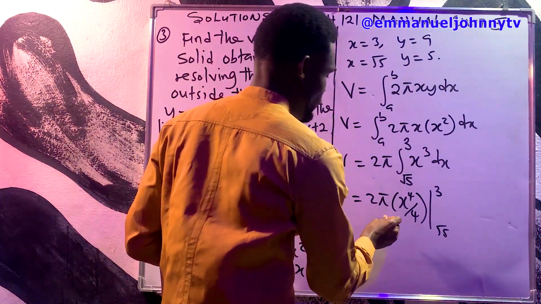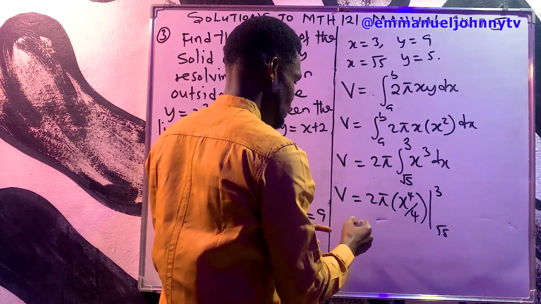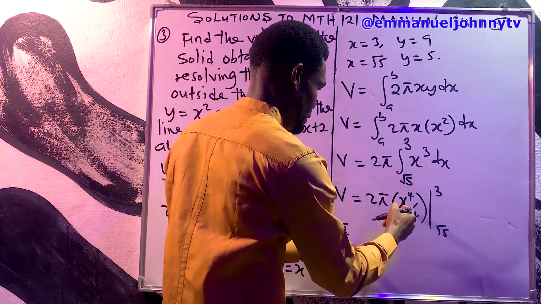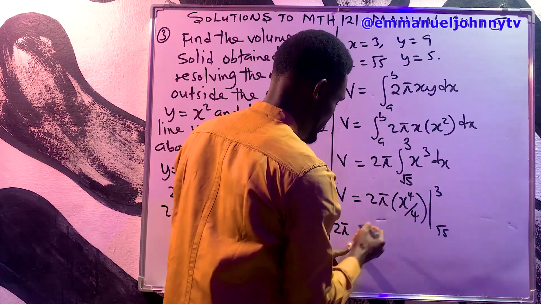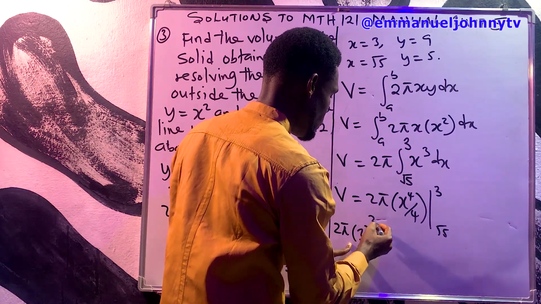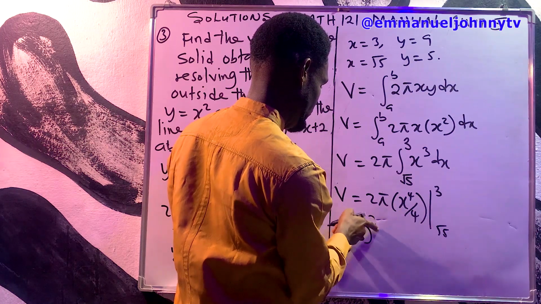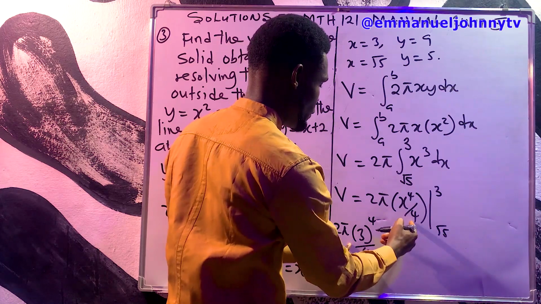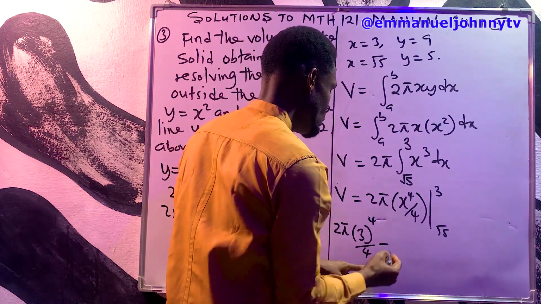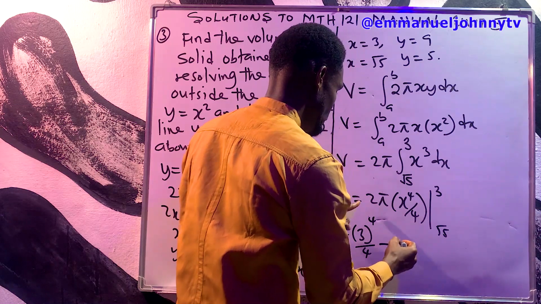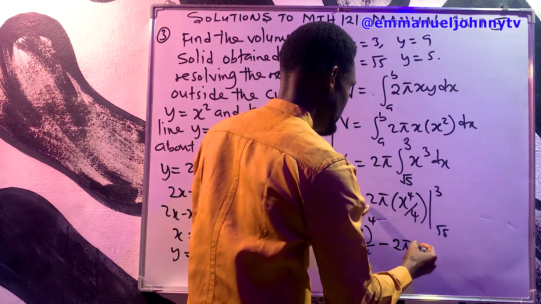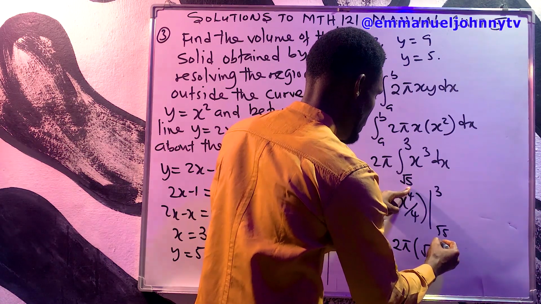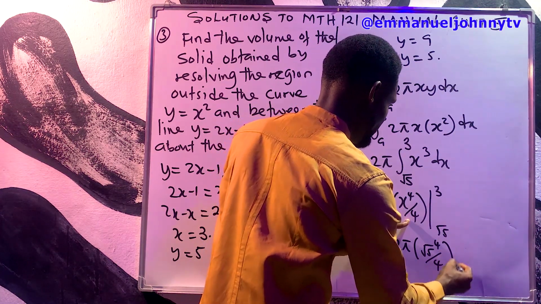So we are going to substitute the value of the upper boundary first, which is 2 pi into 3 raised to the power of 4 all over 4. Then minus, you put the value of the lower boundary, which is 2 pi into, in the place of x, you put root 5 raised to the power of 4 all over 4.